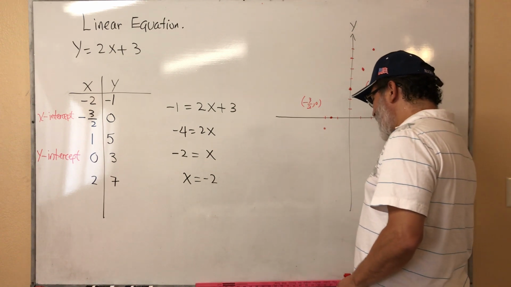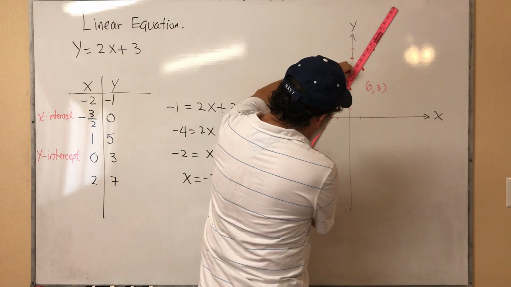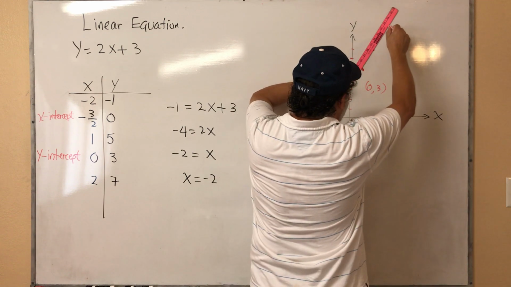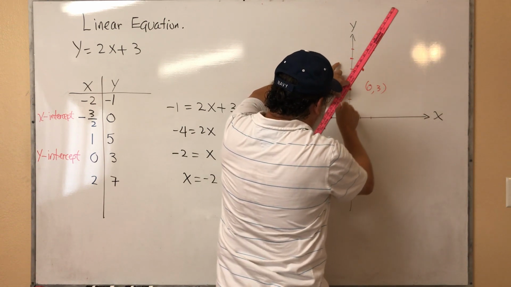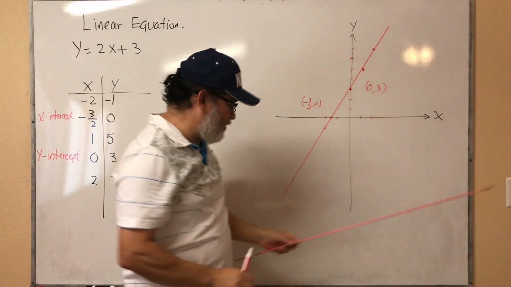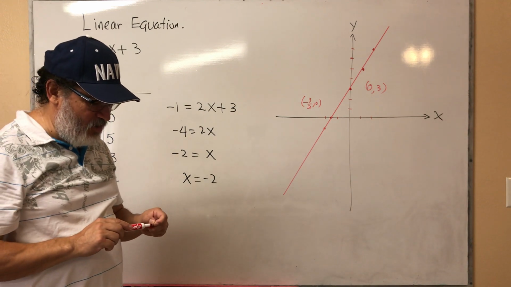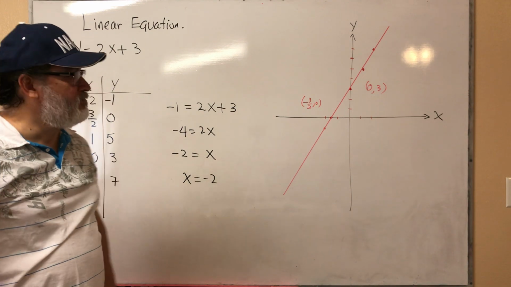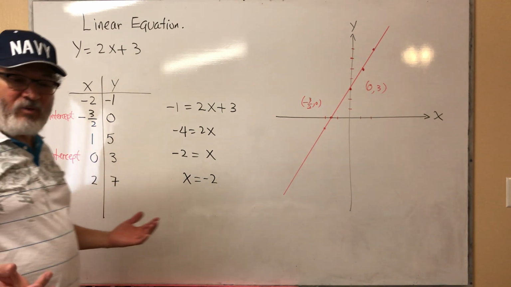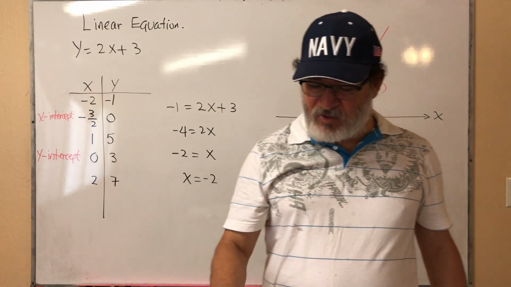So now we take a ruler and we graph the line. And there we go. And that's why they call this a linear equation, because we got a line. This is the way we graph lines.